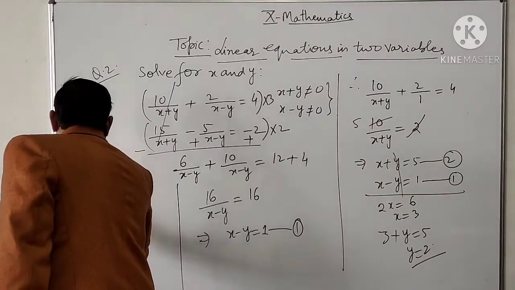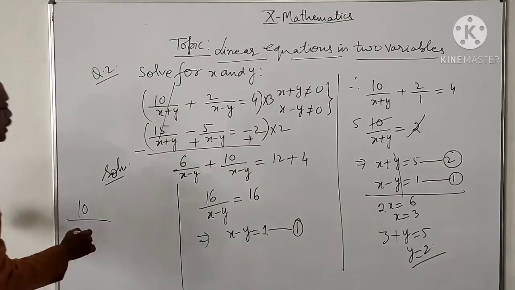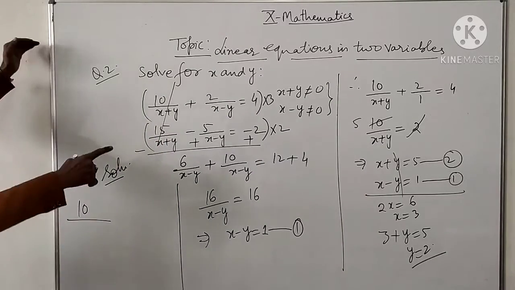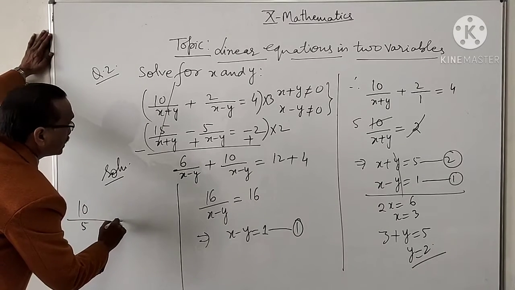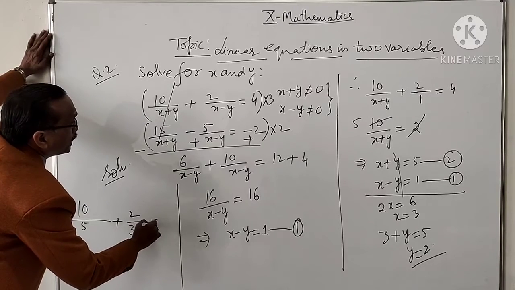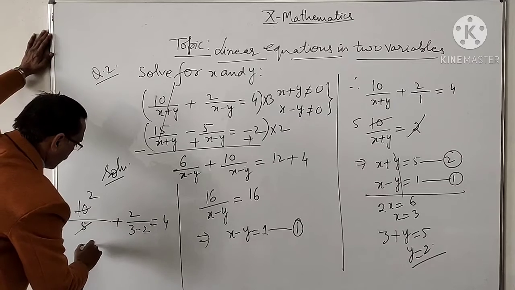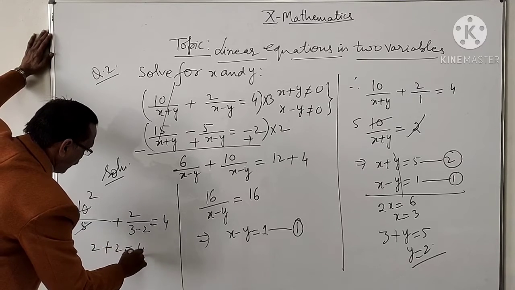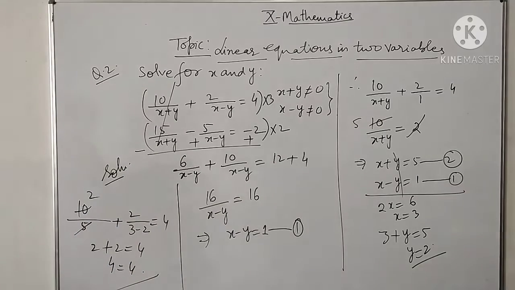It is 10 upon 5, plus 2 upon 3 minus 2, which is 1, so 2 plus 2 is 4, 4 equal to 4, and the result is verified.